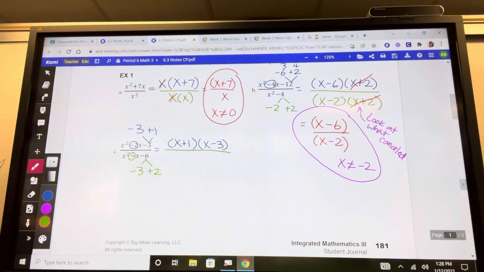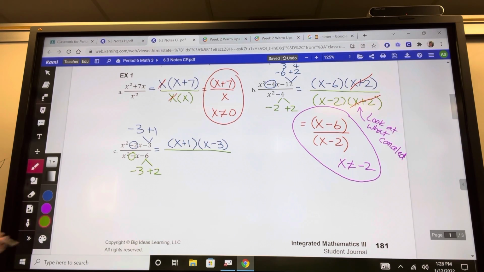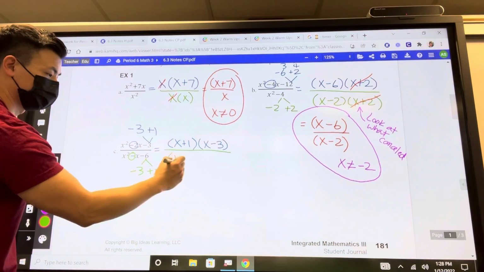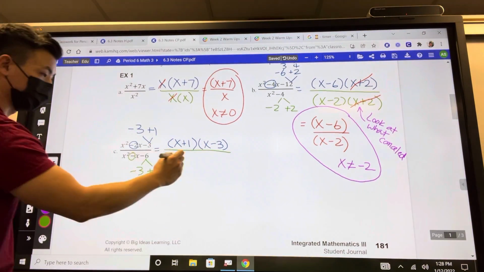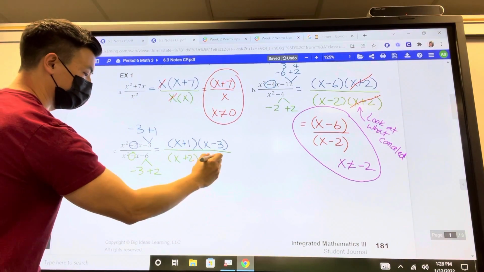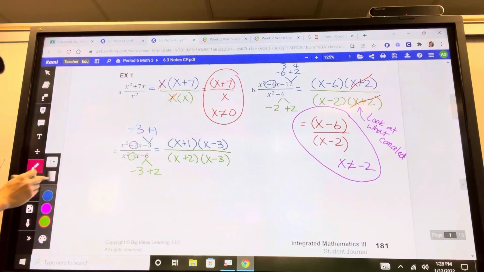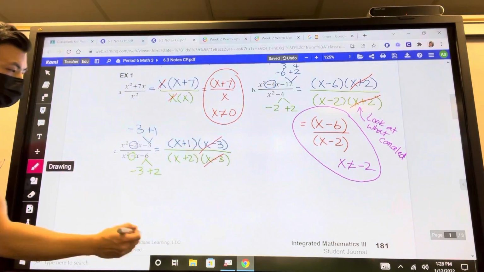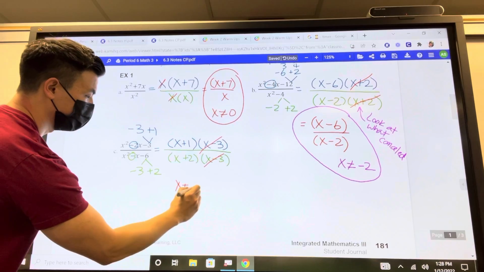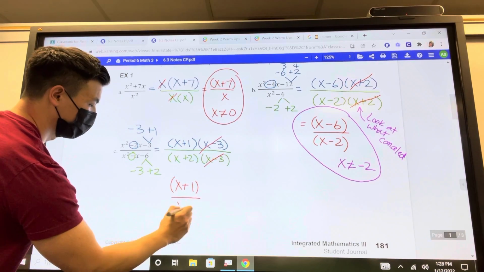So we're trying to make a negative 1, our middle term. So our factored form is going to be x plus 2 and x minus 3. What cancels here? x minus 3. So we have x plus 1 over x plus 2.